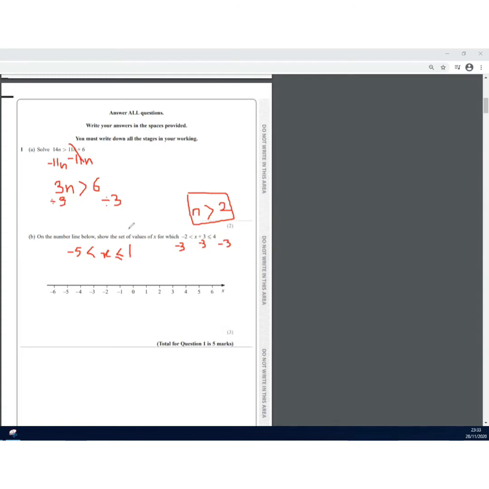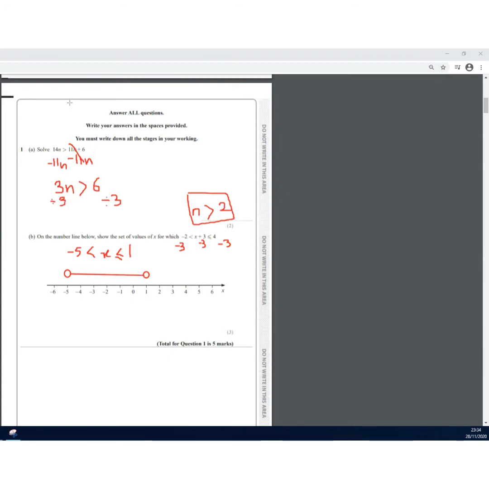And now we'll try to draw this inequality. First, I will draw circles, one at -5 and the other one at 1, and join these two circles.